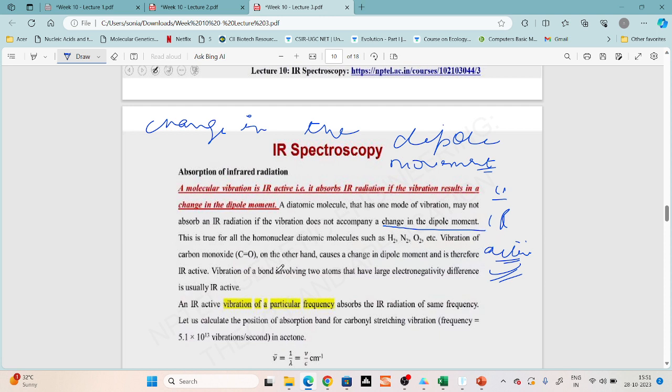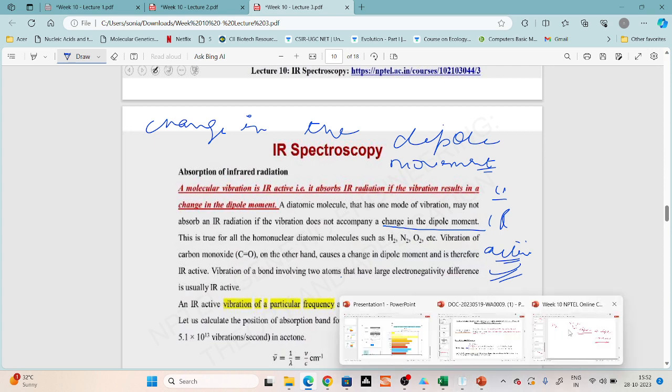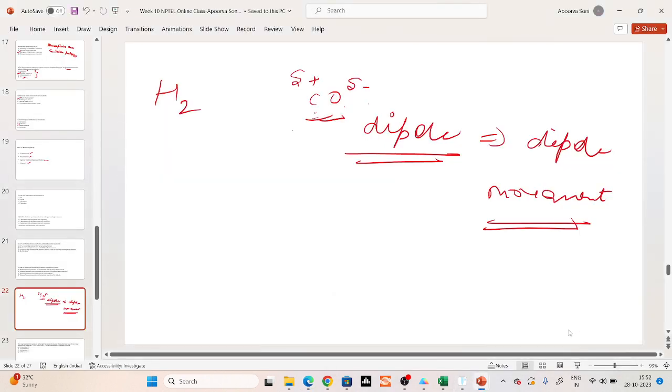Whereas when there is a vibration in a heteronuclear molecule such as carbon monoxide, there is a change in the dipole moment, and therefore there is infrared activity. Why? Because of vibration of a bond involving two atoms that have a large electronegativity difference. So this is important while we were discussing the carbon monoxide example.